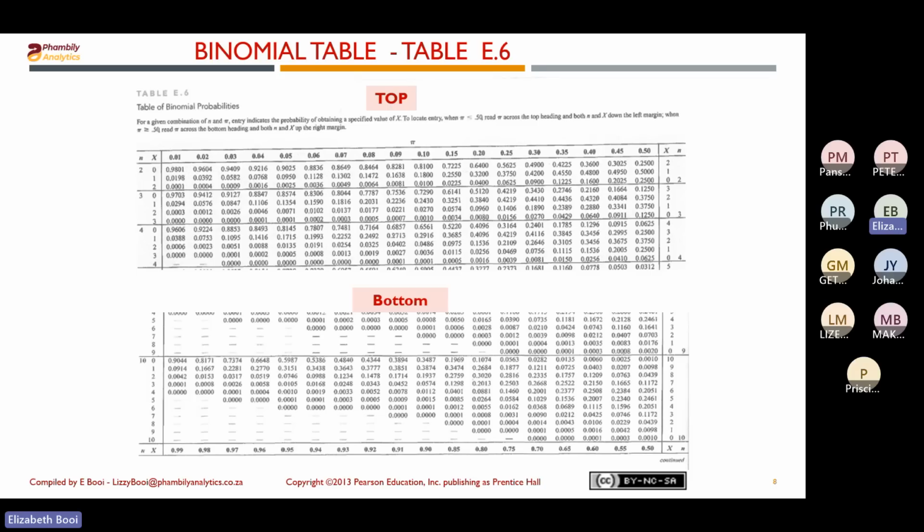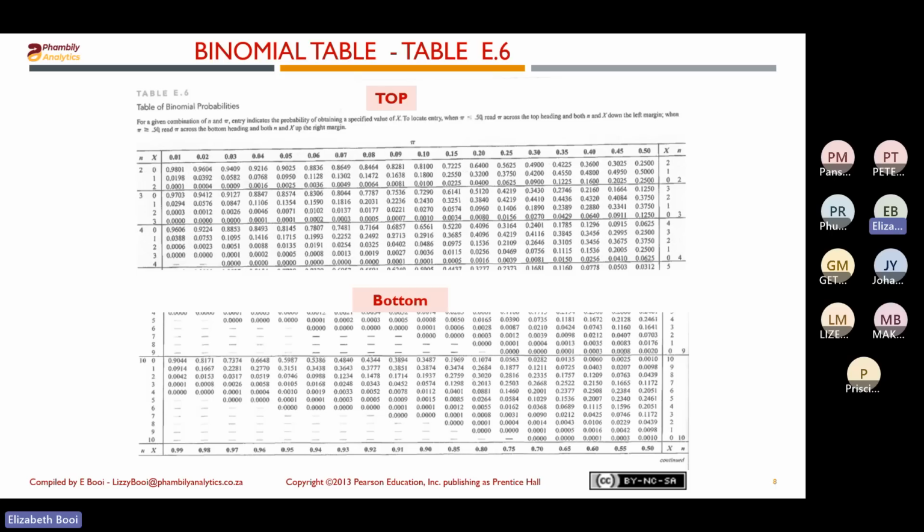So a binomial distribution table is made up of two sides: the top side and the bottom side. You will see that it spills over 2 pages in the prescribed book or on the past exam paper.